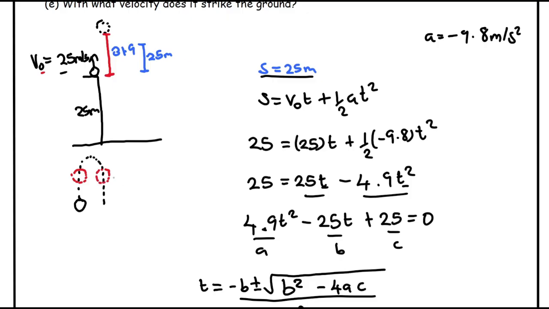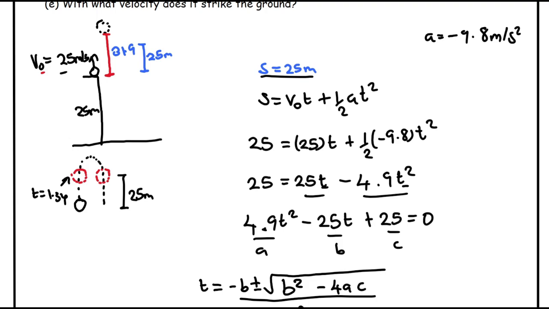These 2 points are both 25 meters above its initial start point. So the first t, the smaller t, which is t equals 1.34, is for when it is going up. The second value of t that we got was when the bow is coming down.